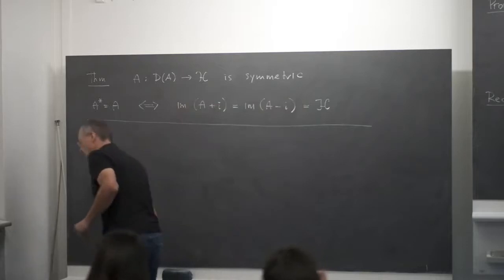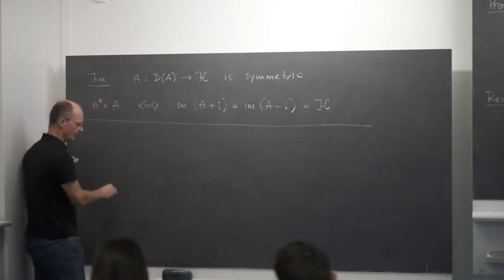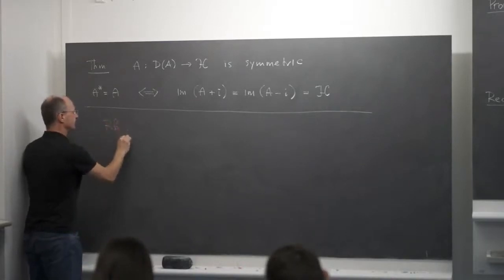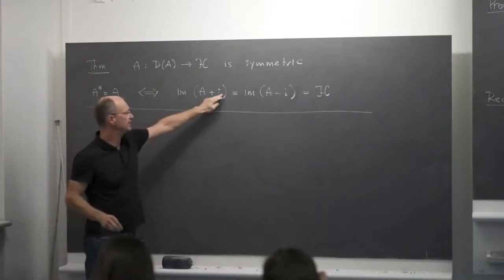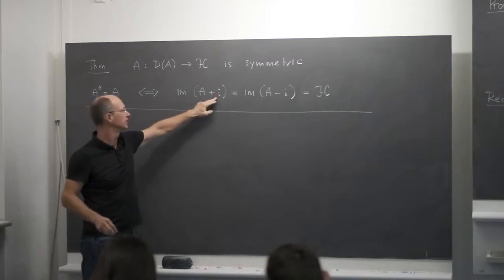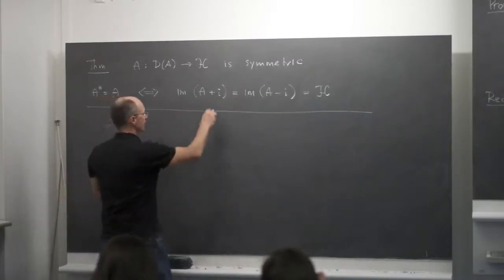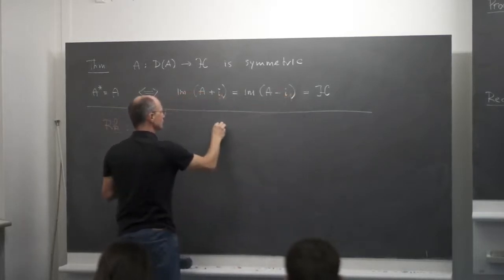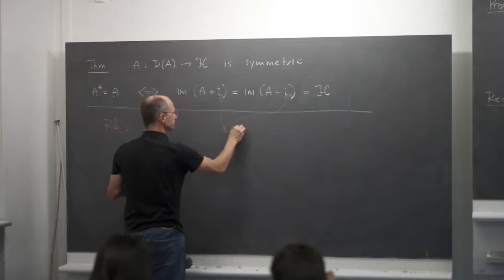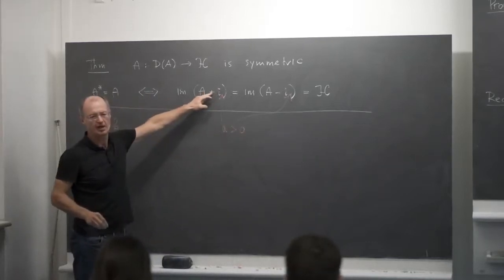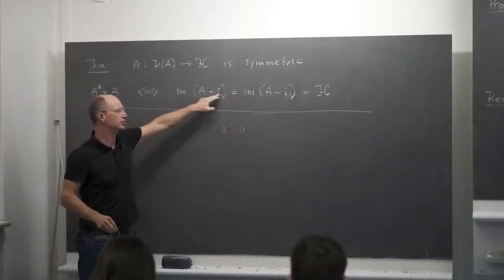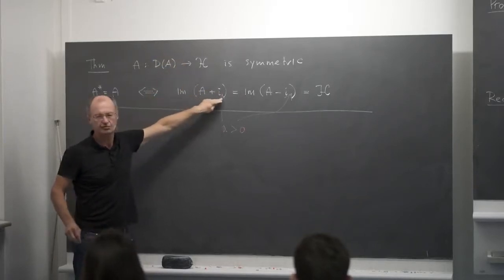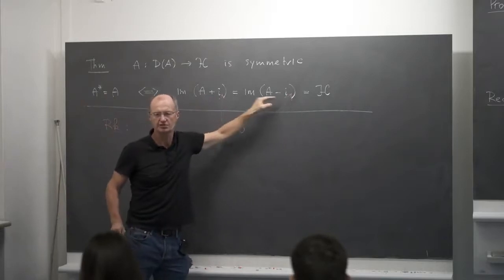Maybe before proving it, a small remark. In fact, here it is not very important to have I and minus I. You can actually put here some multiple, a bigger than 0. Roughly speaking, you can put any point on the positive imaginary axis and on the negative imaginary axis.